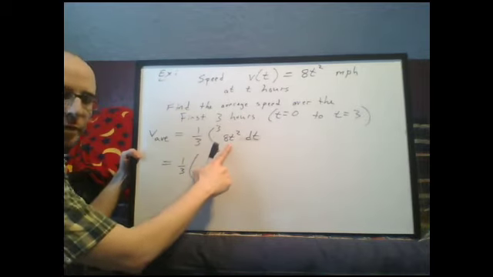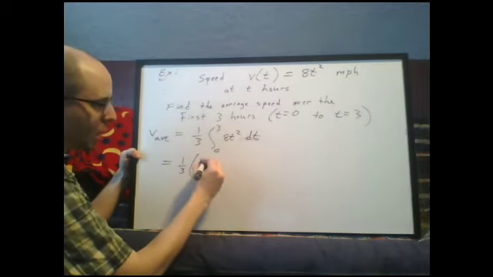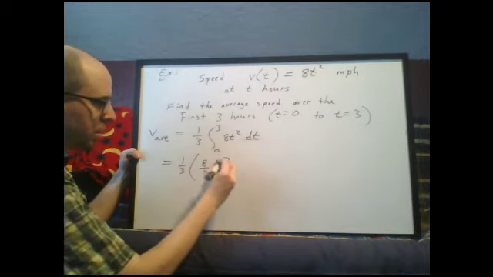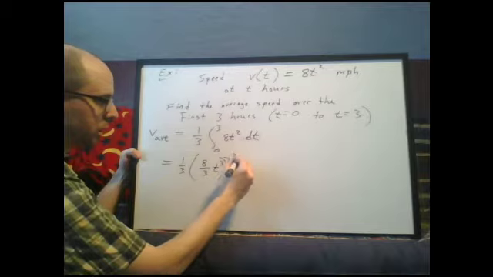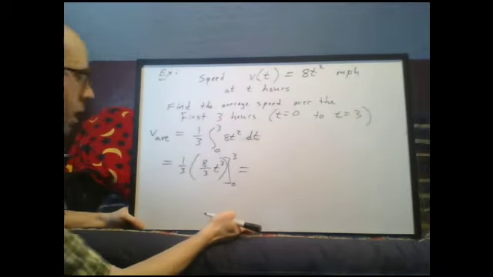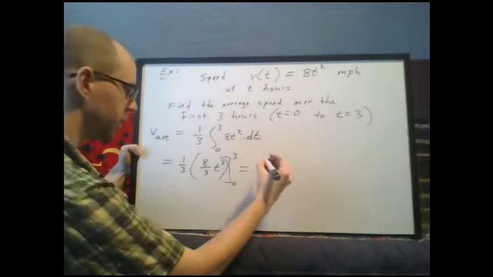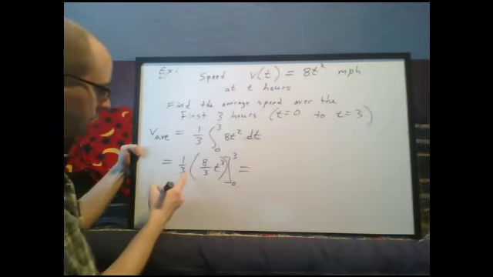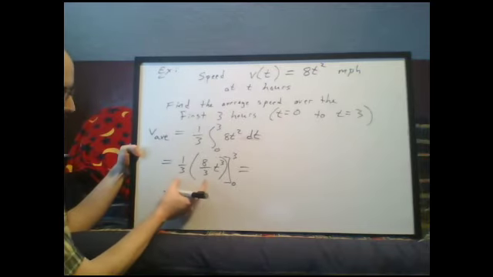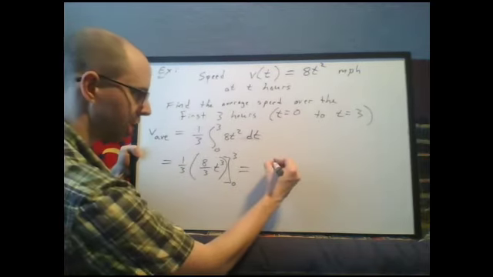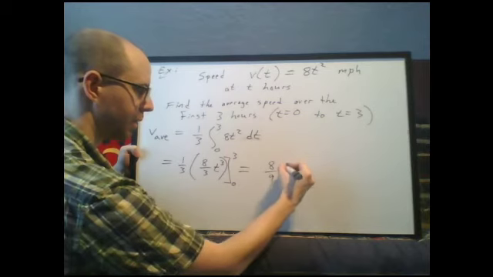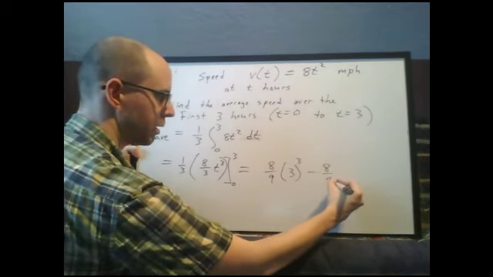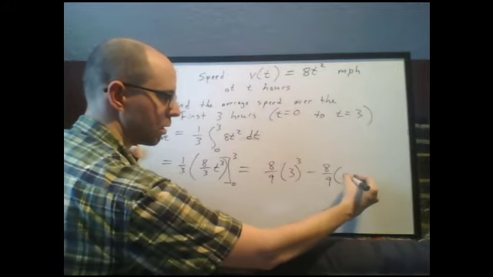So antiderivative of 8t squared would be 8 over 3 t cubed, from 0 to 3. And plugging in 3, that would give us, let's combine these coefficients. So I can multiply the 1/3 times the 8/3. That gives me 8 over 9, 3 cubed, minus 8 over 9, 0 cubed.